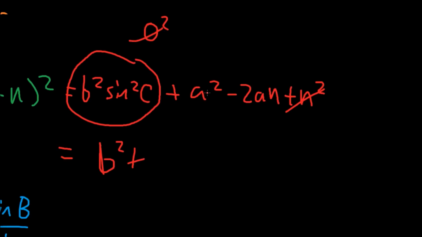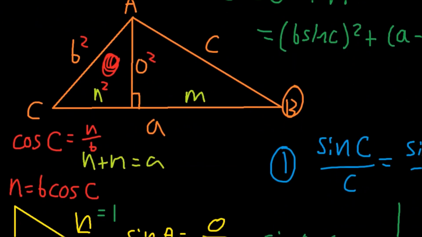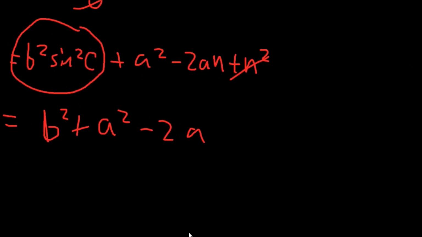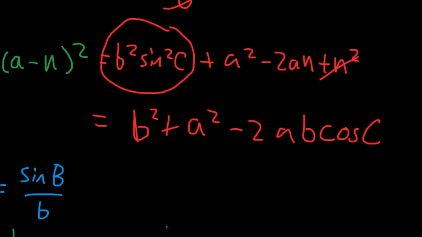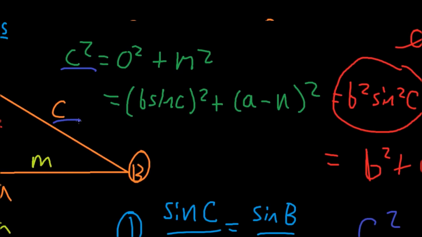and what we're going to have is the A squared term minus 2A, and what did N equal? Well, N equals B cos C. Let's write that down. B cos C. And now we've arrived at the familiar cosine law, where C squared, that's what we started with, we're finding that hypotenuse C right there.